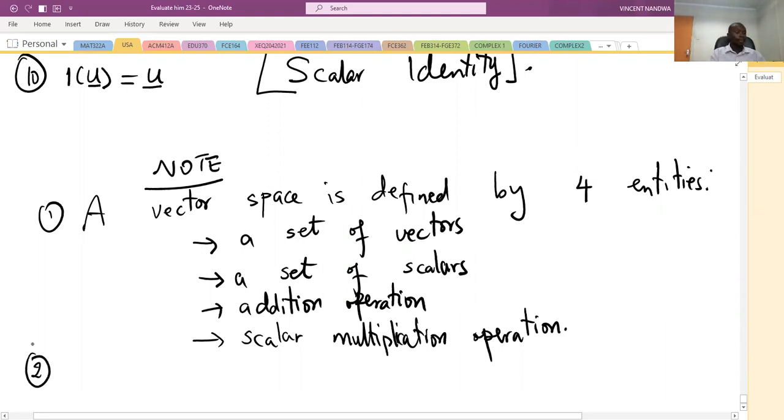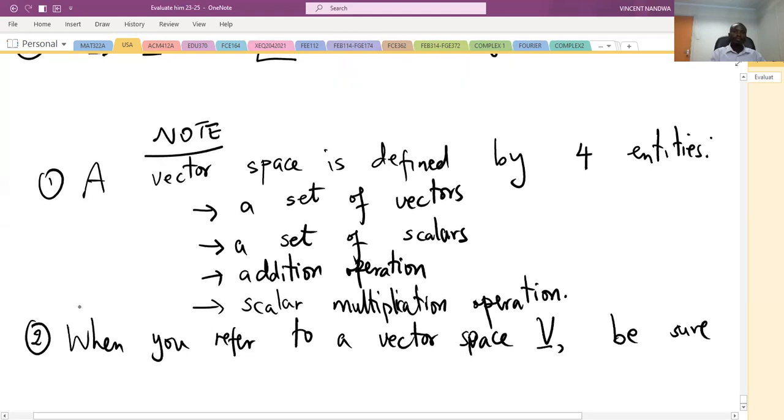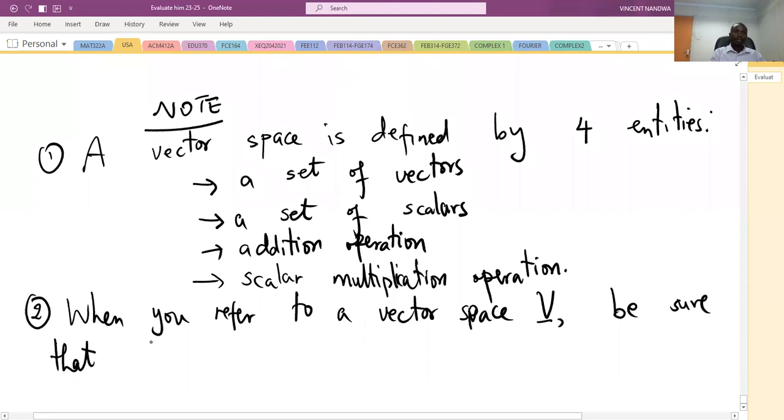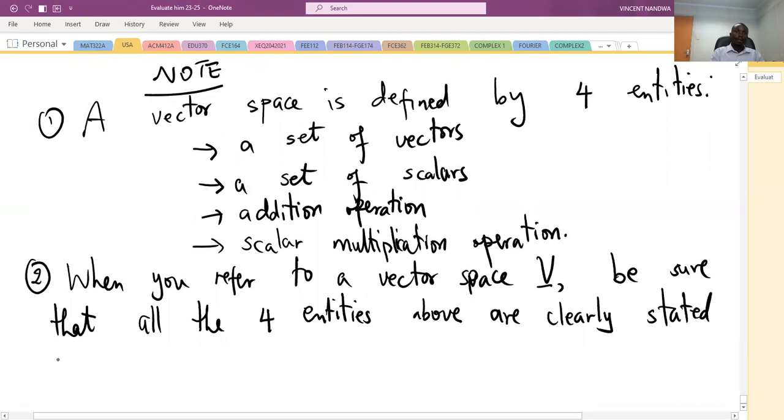And then number two, when you refer to a vector space V, be sure that all the four entities above are clearly stated or understood.